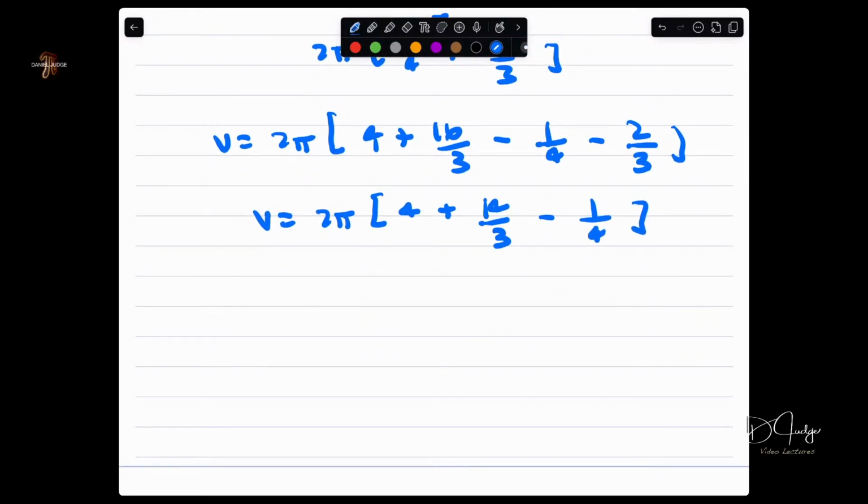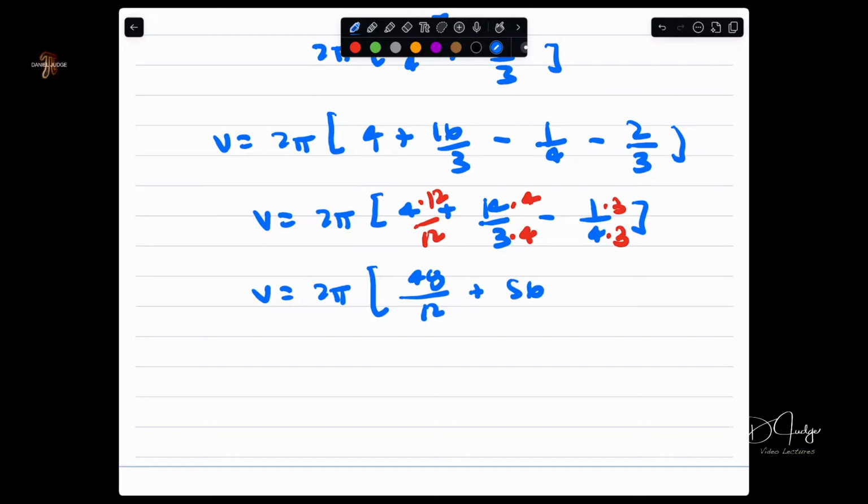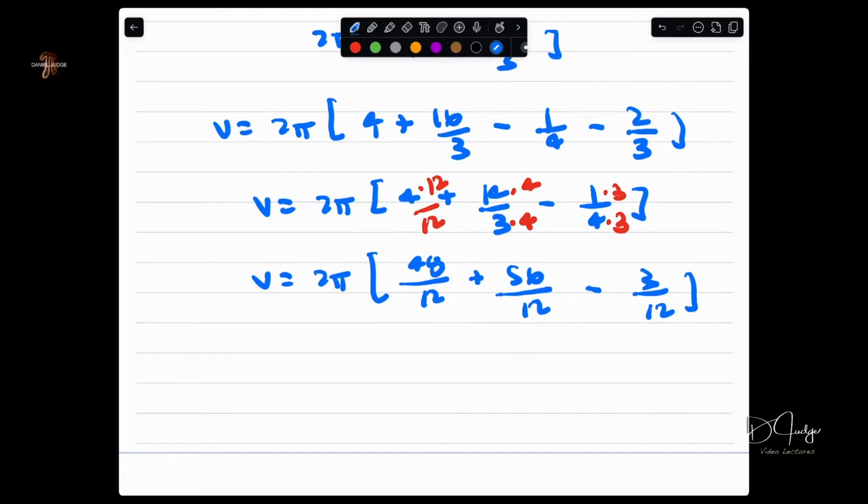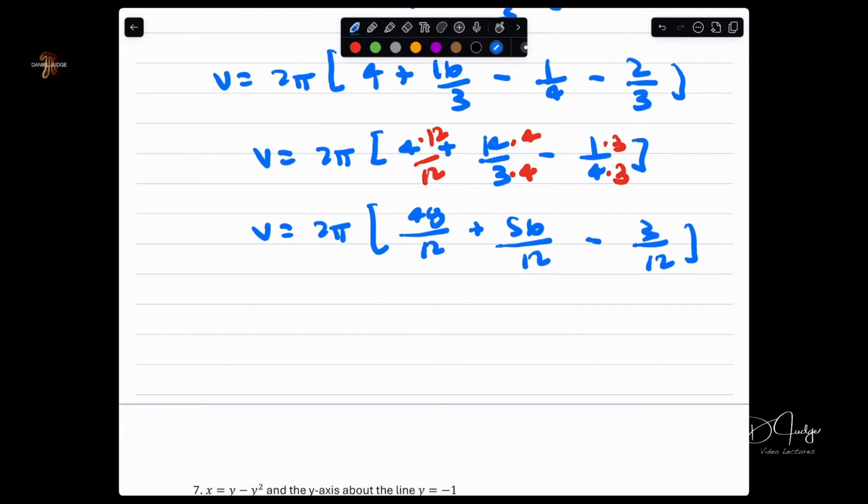Okay, well, 12. It looks like we're going to multiply the bottom by 4, top by 4, then by 3. This would be 12 over 12. So you get 2 pi times 48 over 12 plus 56 over 12 minus 3 over 12. And we'll do some arithmetic here with that.